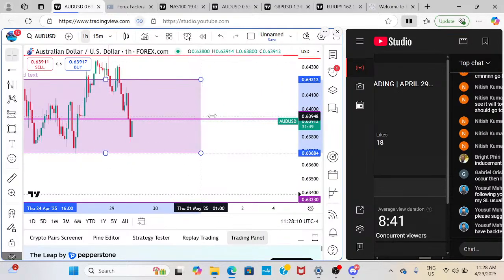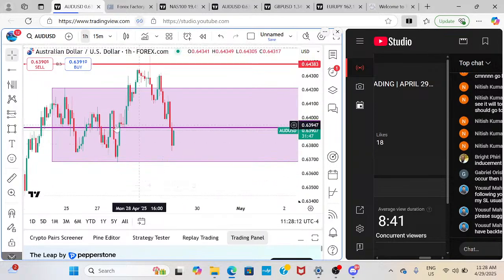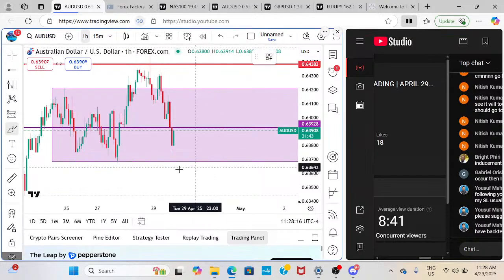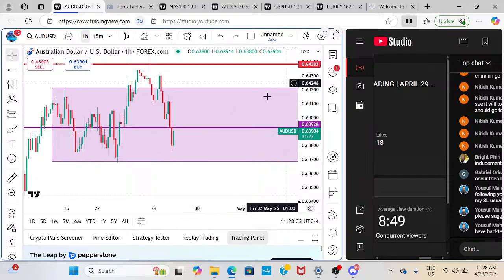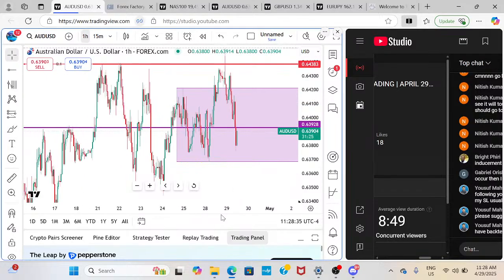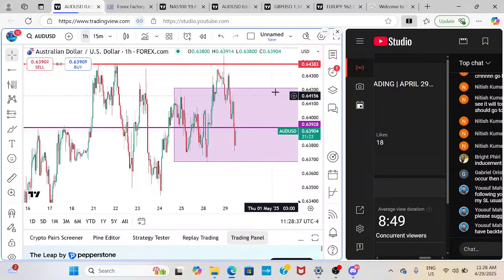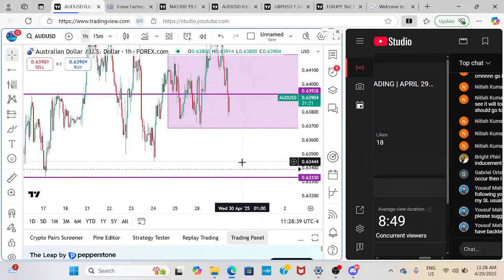Okay, so right now in the short term, it is going to buy. Okay, in the short term, we're going to buy back to 64.19. Okay, so around 64.19, I believe it should buy back there, in the short term, but in the long term it's going to sell.